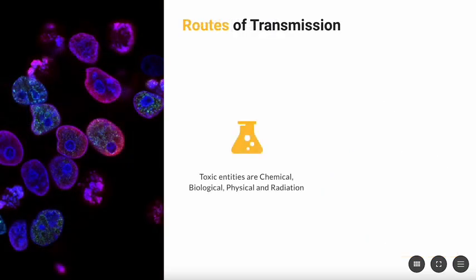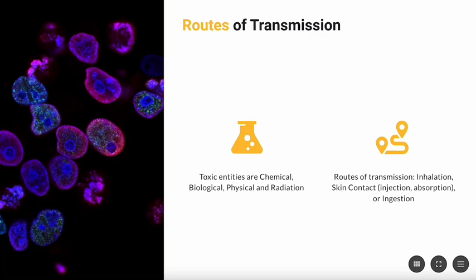Toxic entities are substances or agents that have the potential to cause harm to living organisms. These entities can be chemical, biological, physical, or radiation in nature. The routes of transmission refer to the ways in which these toxic entities can enter the body and cause harm. Inhalation. This occurs when toxic substances are inhaled into the lungs through the respiratory system. Skin contact.